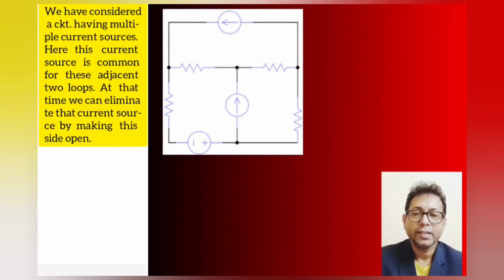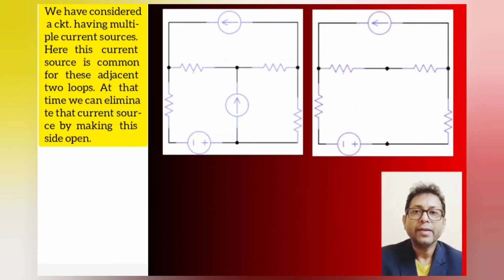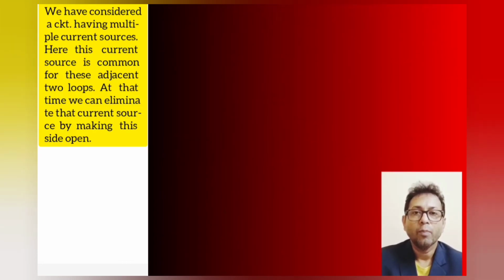I have considered here a circuit having multiple current sources. Here this current source is common to two adjacent loops. At that time we can eliminate that current source by making this side open.